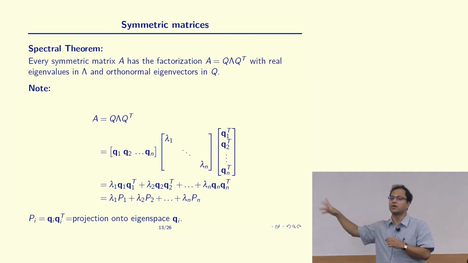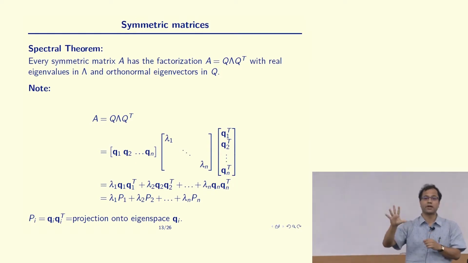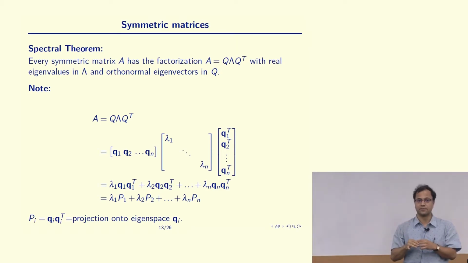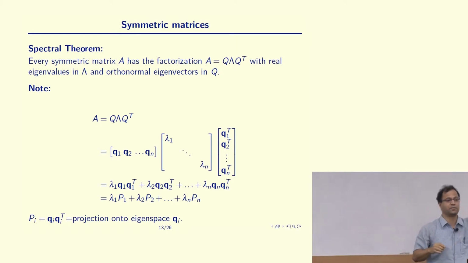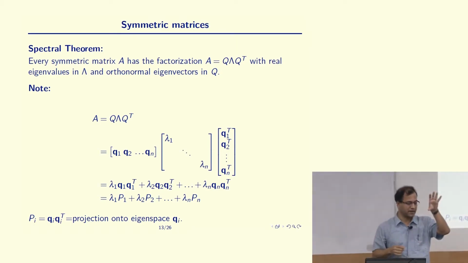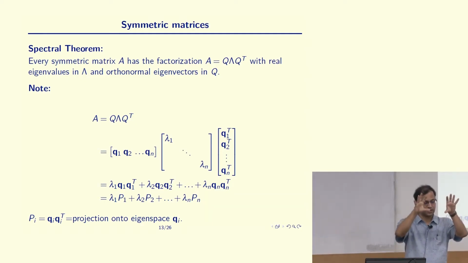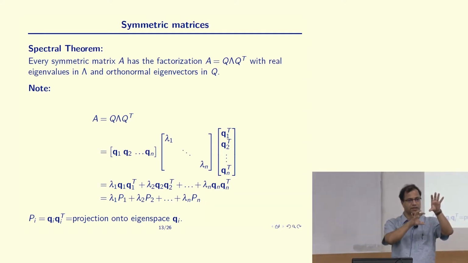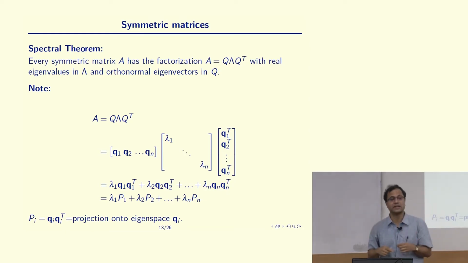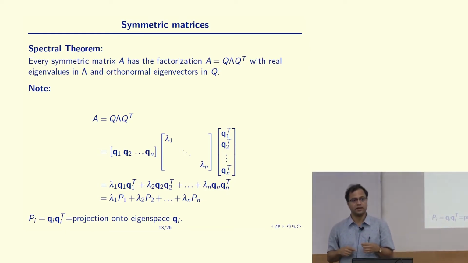This lambda 1, lambda 2, lambda n are giving the importance of which direction we are having the maximum projection. So we are splitting the main matrix A by this diagonalization into the sum of the component projections along each of the orthogonal eigenvectors, right?